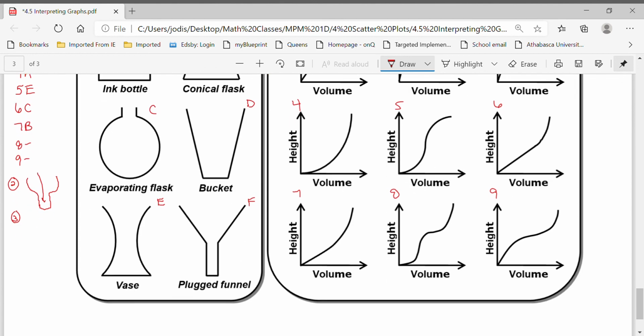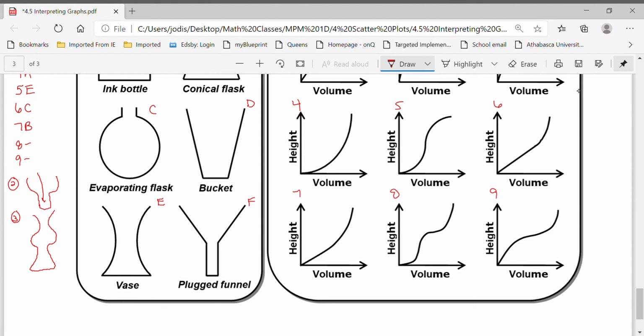For 8, we have this wiggly graph here, so it kind of starts out slow, goes fast, tapers off, goes slow, and then gets fast again. So, oh boy, here I go. Okay, so this bottom part would fill up slowly.